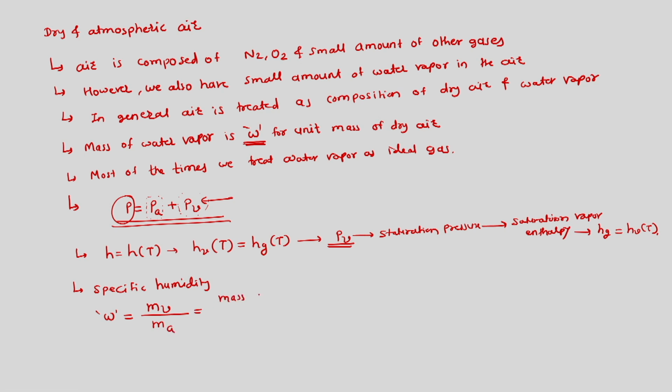So it is the ratio of the mass of water vapor per unit mass of dry air. This is an important terminology, called the specific humidity.